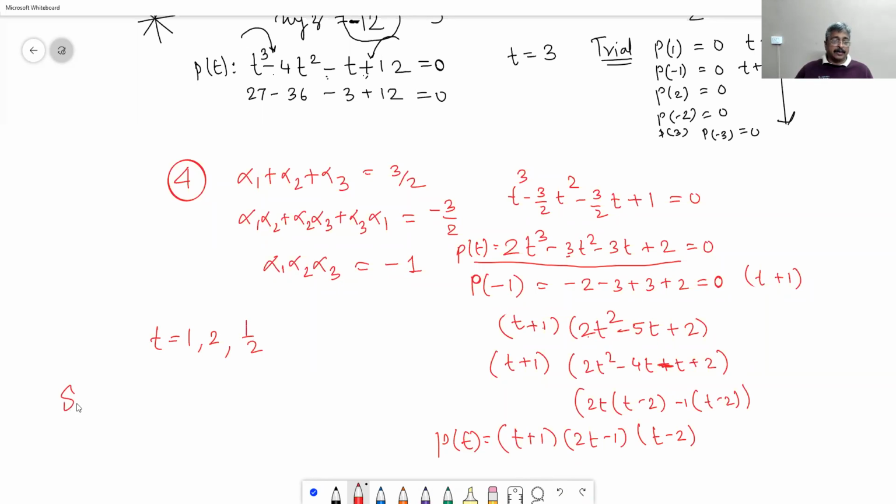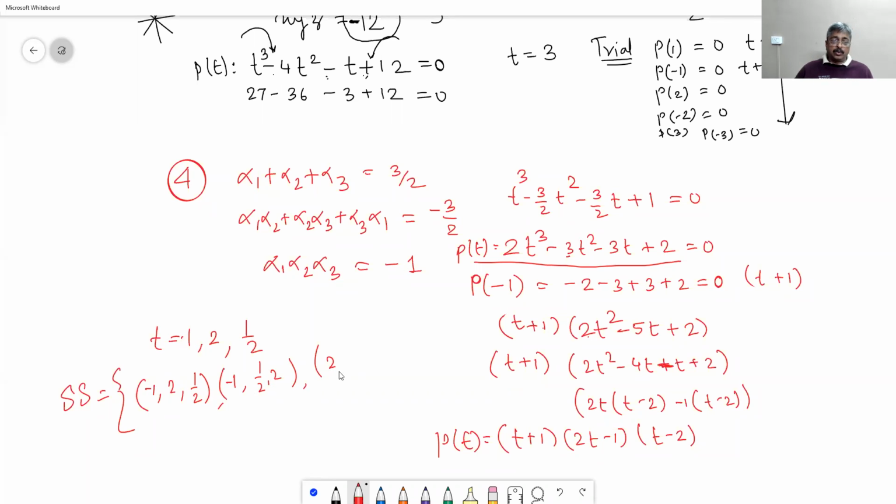So the solution set. There will be how many brackets? 6. Sir, it should be minus 1, no? Yes, minus 1. Minus 1, half, 2.